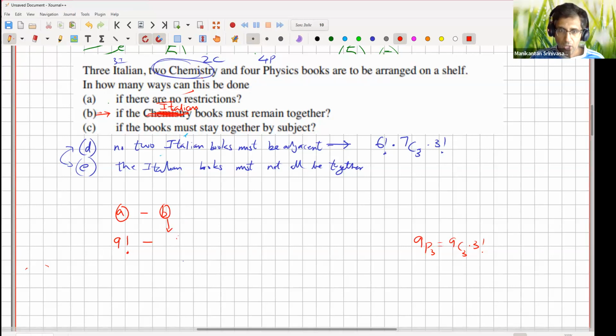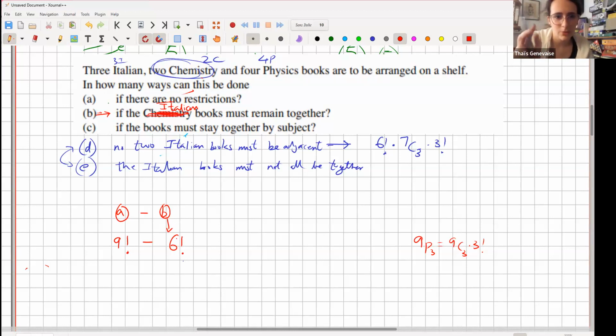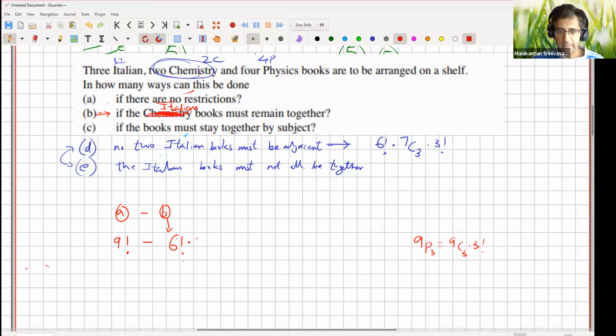What is the 6? You tell me. So they must remain together, so it's 3 slots. 6 factorial times 3. Okay, tell me what is 6 factorial?